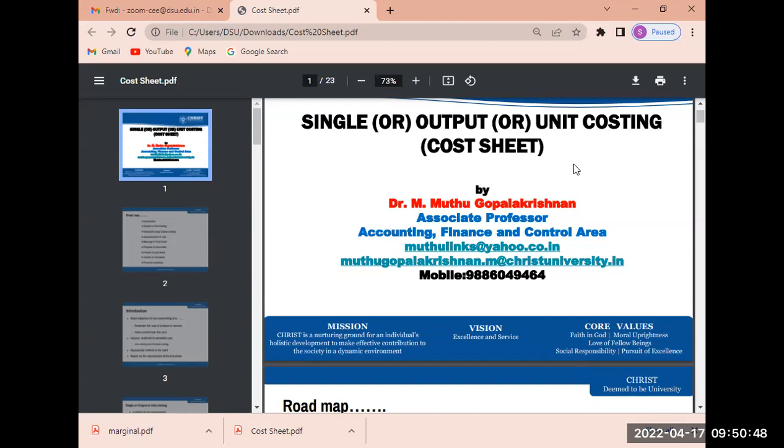All indirect costs can be called overheads. To manufacture a particular product, say for example a dining table, the timber, the wood we use for making that furniture is called direct material.